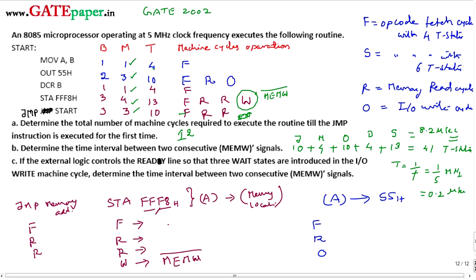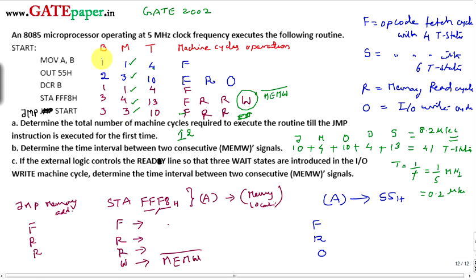And now the third one: if the external logic is controlling the ready signal such that 3 wait states are introduced in the IO write machine cycle, because the output port is taking too much time, it is very slow when compared to the microprocessor. By that time the microprocessor will wait for the communication to complete, so it introduces some wait states.